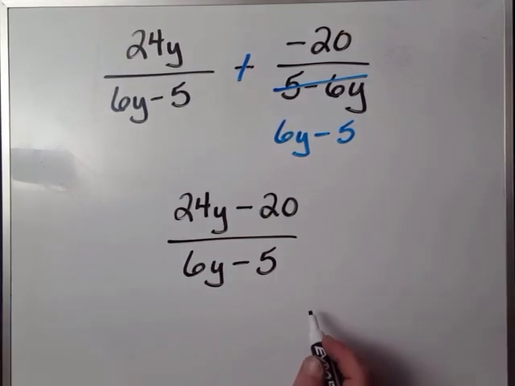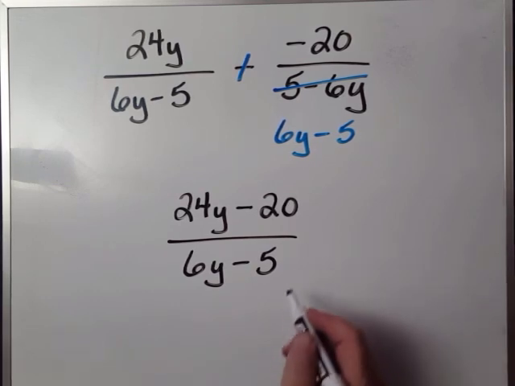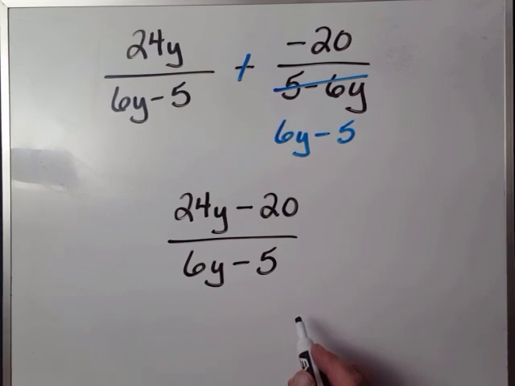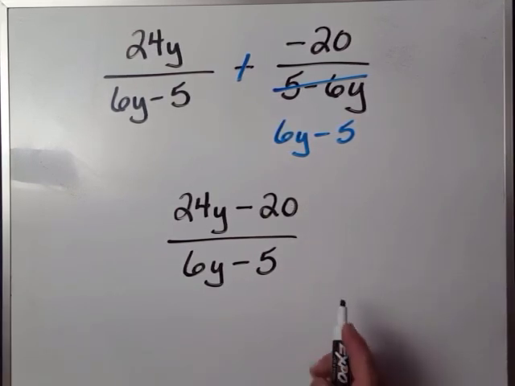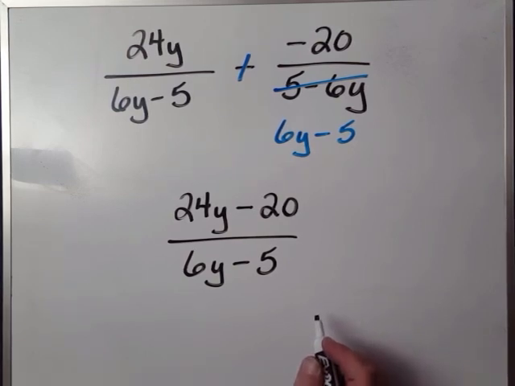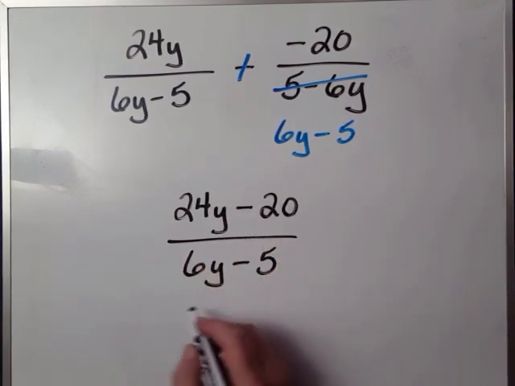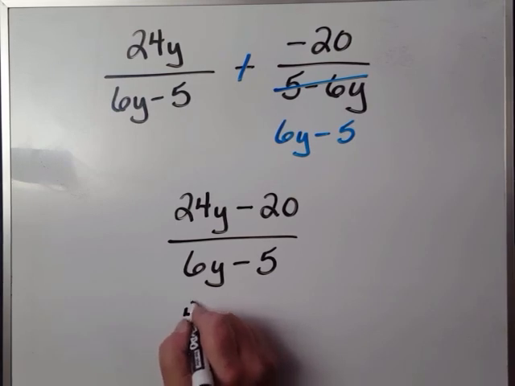Now, are we done? You are always checking for lowest terms. Are there any factors common to the top and bottom of this problem? Well, this numerator is factorable, isn't it? There is a greatest common factor of 4 that can be factored out.